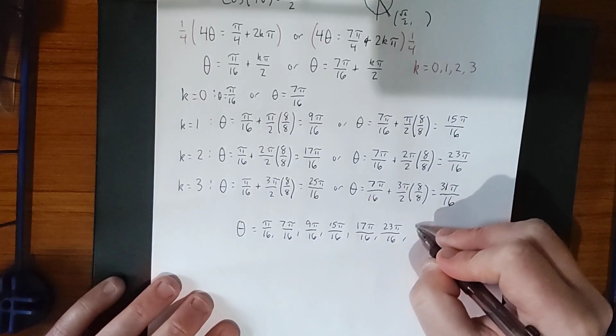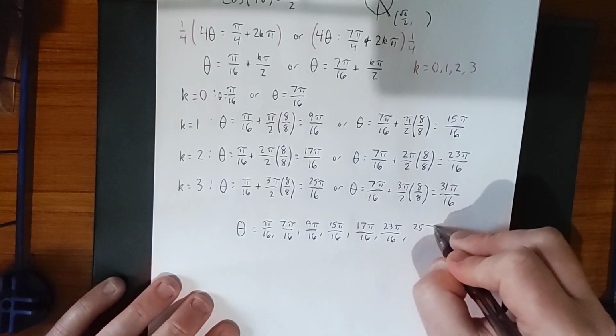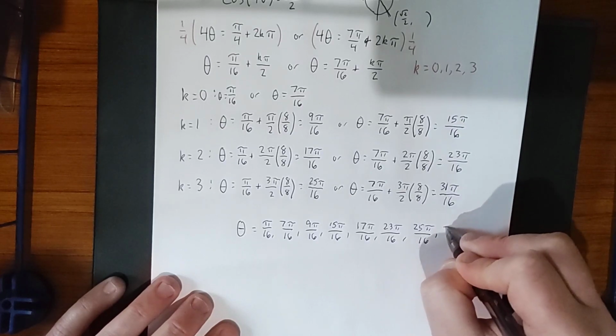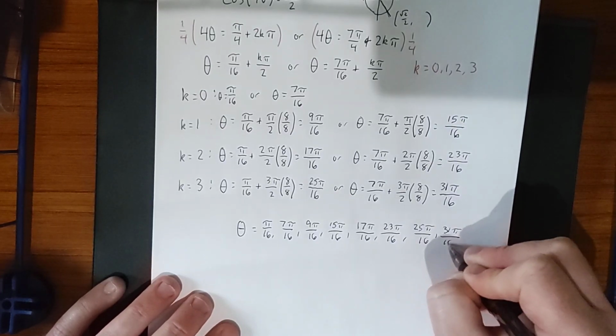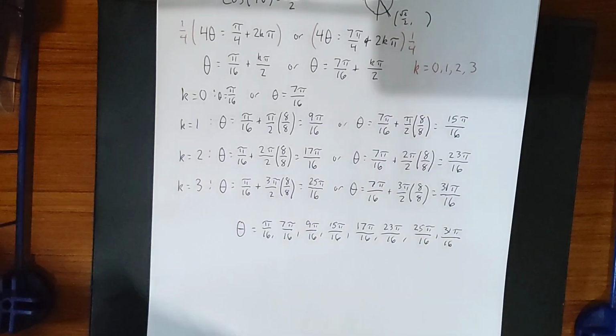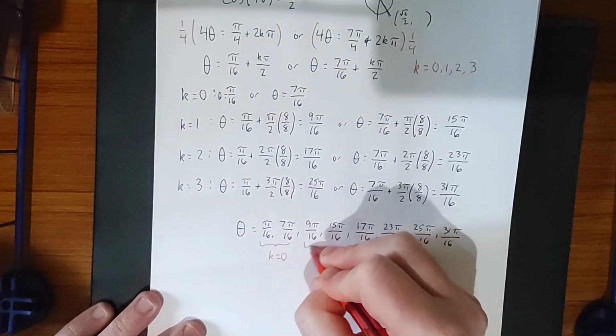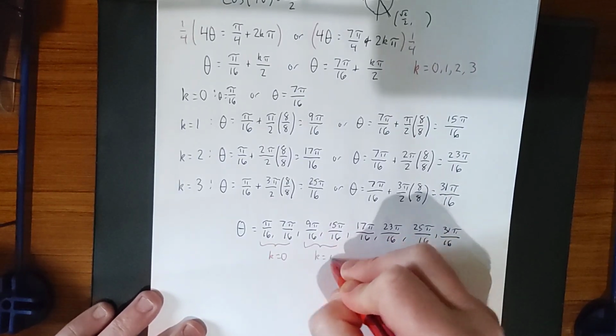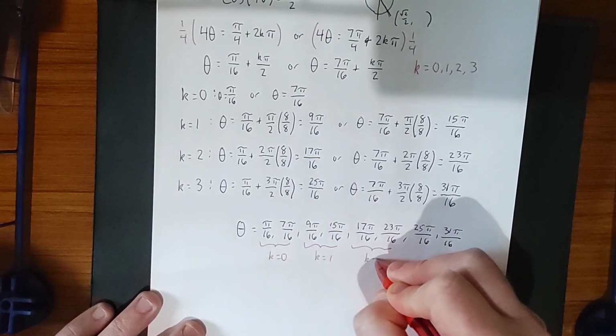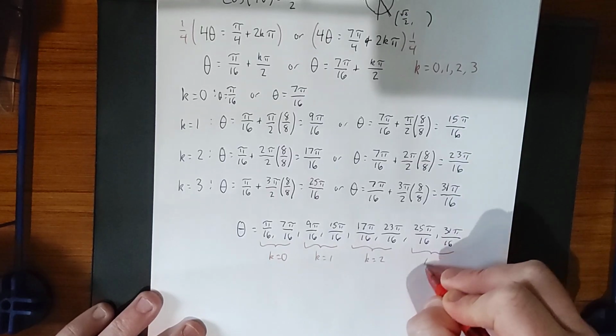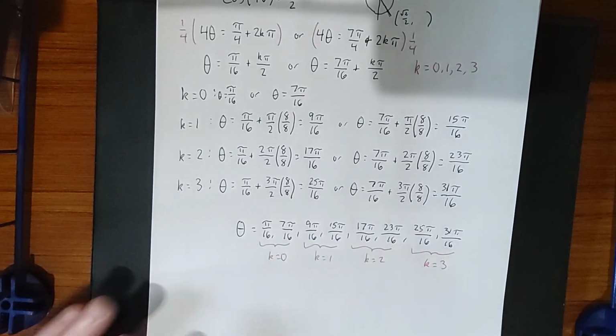That was from k equals 2. And 25 pi over 16, 31 pi over 16. That came from k equals 3. K equals 0, k equals 1, k equals 2, and k equals 3. Good stuff.